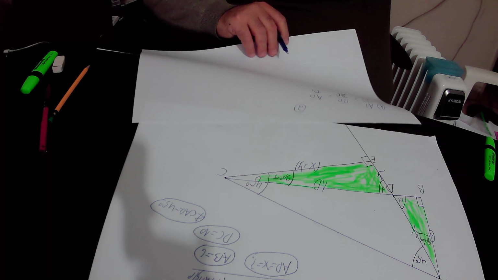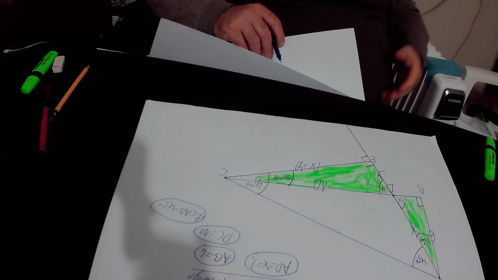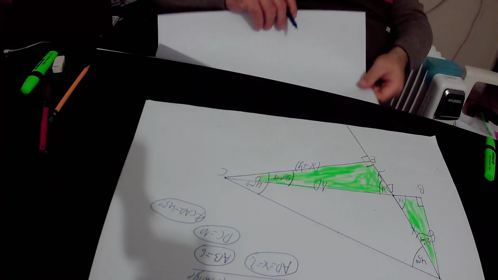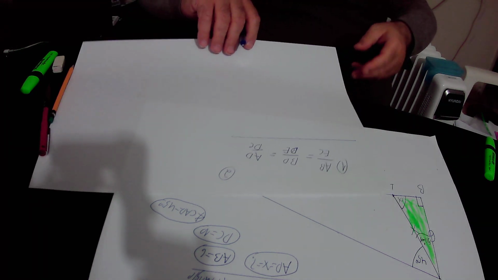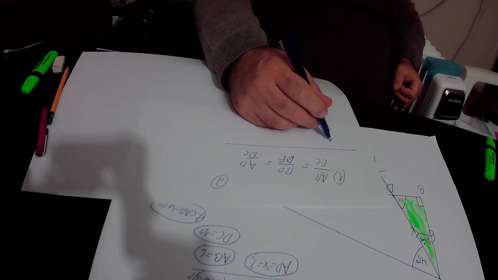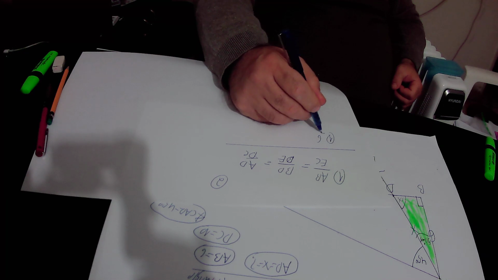And we know that AB equals 6 units, so we'll substitute AB by 6 units.